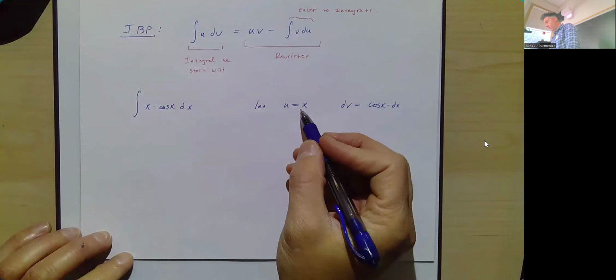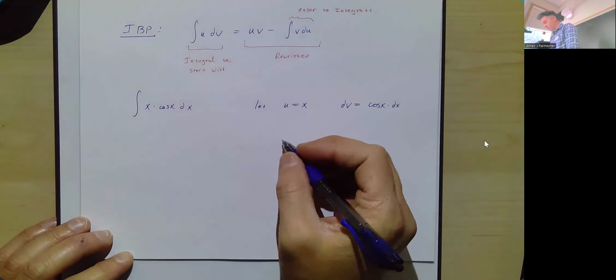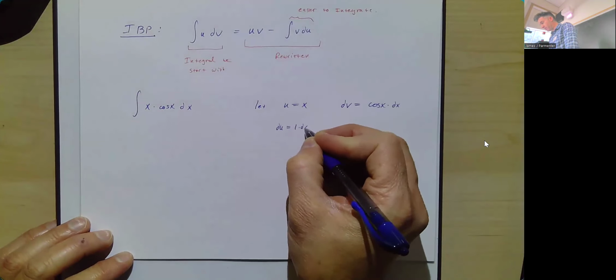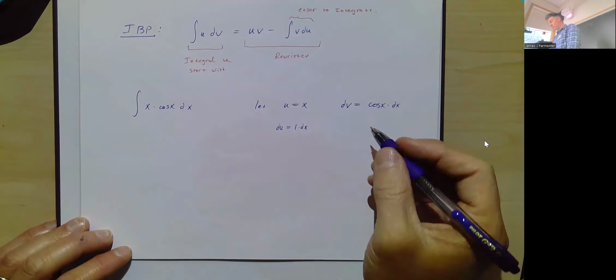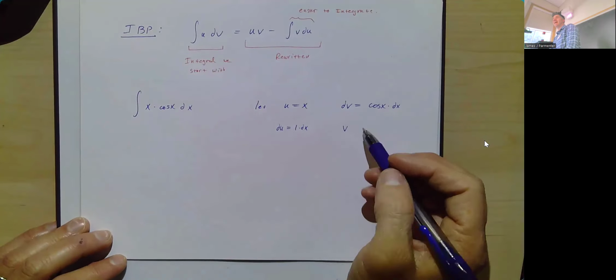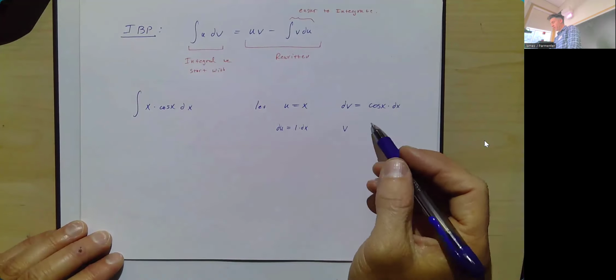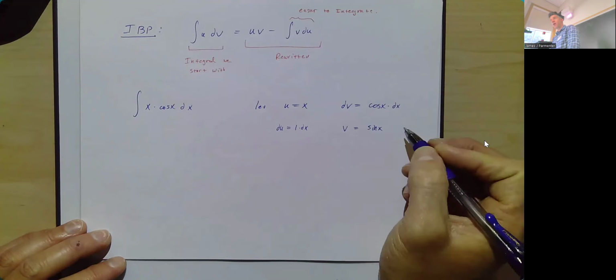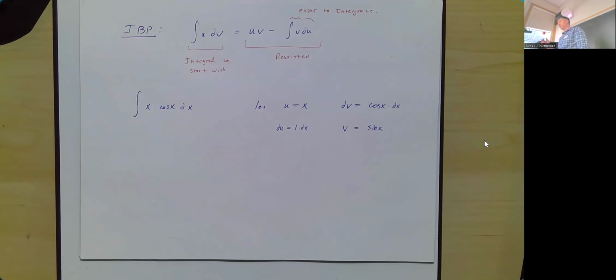And then we're going to find du. So taking the derivative, du is equal to, well, the derivative of x is 1 times dx. And then to find v, we take the antiderivative of cosine. The antiderivative of cosine of x is sine of x. One other nice thing to know is that we want to pick u so that the derivative of u is simpler.